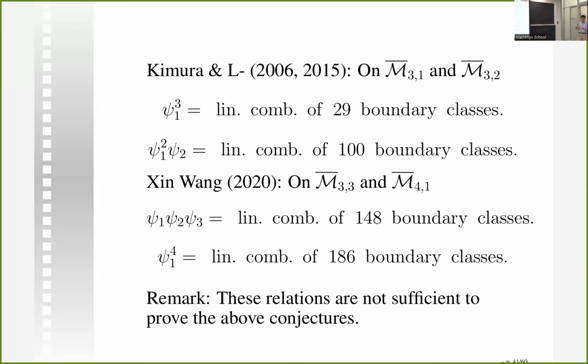We have to figure out which one is new, because you can start from one equation and get a lot of other equations. For example, if you find one universal equation, you just take a derivative and you get another universal equation. It may look very different after you maneuver it. So he just said that the known ones can be derived from Pixton's equation, including my result with Kimura.